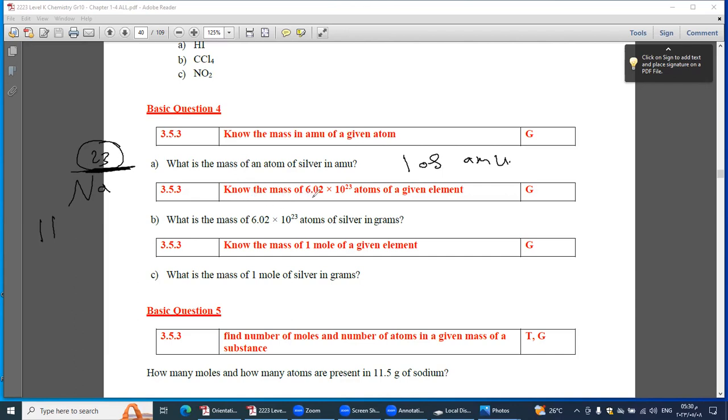Know the mass of 6.02 times 10 power 23 atoms of an element. What is the mass of 6.02 times 10 power 23 atoms of sulfur? In any calculations, you must know that.